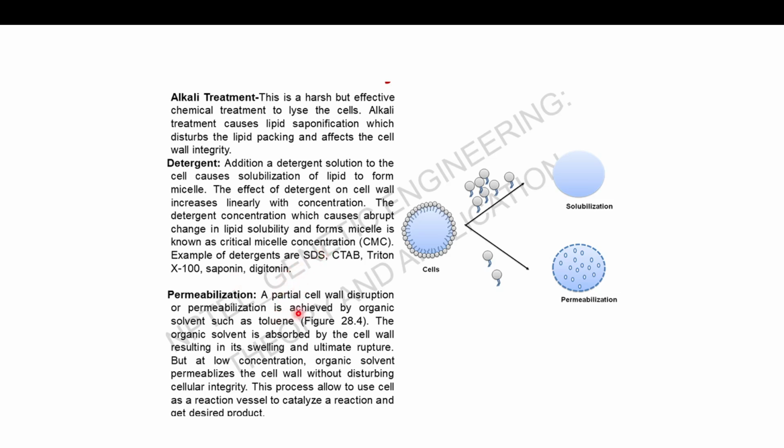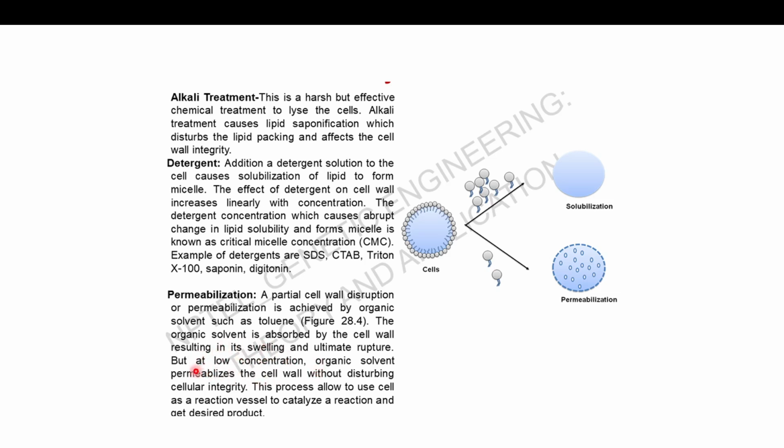And then there's permeabilization. Here, a partial cell wall disruption or permeabilization can be achieved by using an organic solvent like toluene. When you treat the cells with an organic solvent like toluene, the solvent is absorbed by the cell wall, resulting in the swelling of the cell and ultimately rupturing the cell.